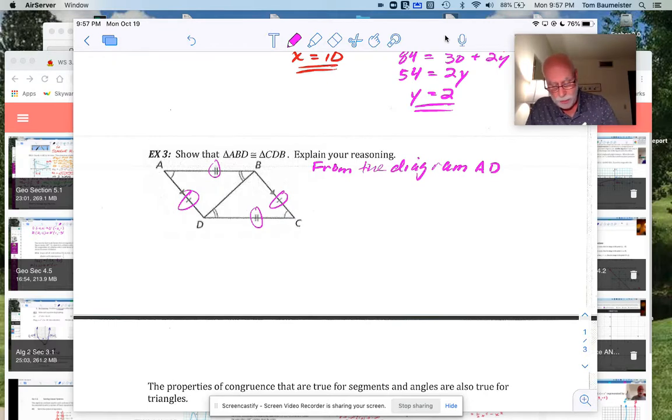So you can tell me that AD is congruent to, and look, I went from the one that has one angle to the one that has no mark. So I have to do the same thing on the other one. So I'm going to go from the angle that has one that I had to the one that has nothing. So I would say from the diagram, AD is congruent to line segment CB.